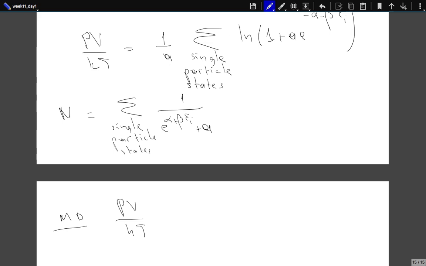As A goes to 0, here we have the logarithm of 1, which is also 0, so 0 over 0 uncertainty.